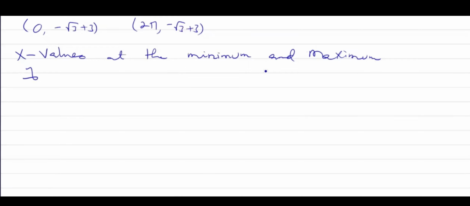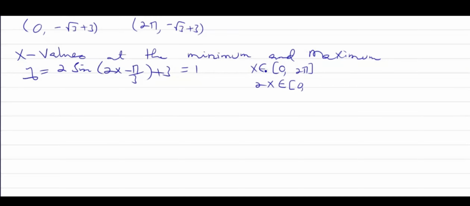We had this, and our minimum was 1, our maximum was 5, and our restricted domain was 2 pi. So that means we're expecting 4 solutions.